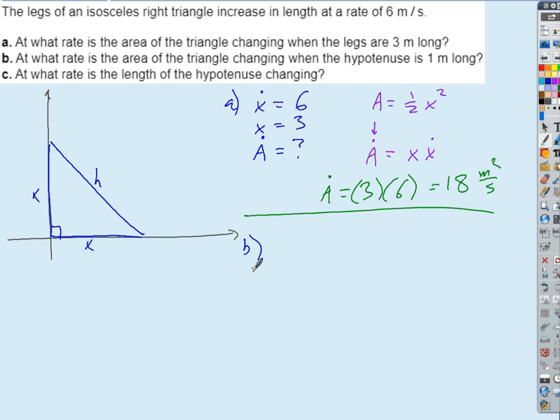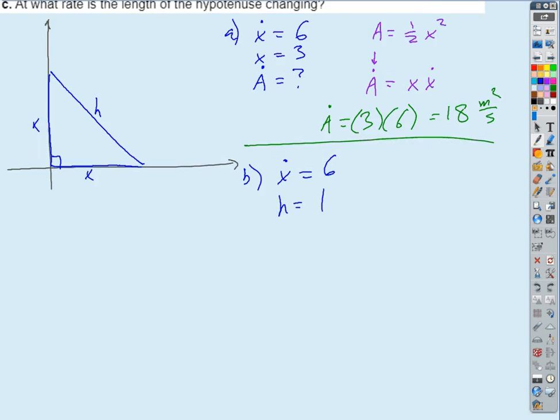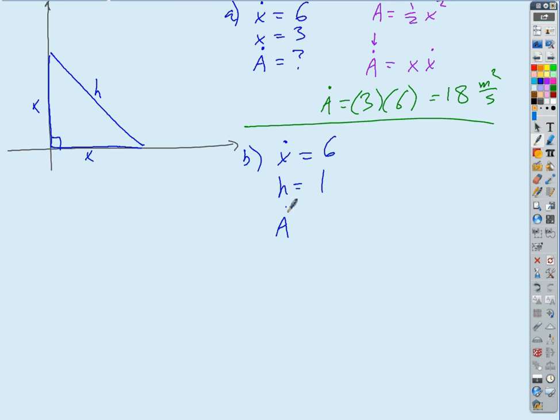So what are we given this time? So we're still given, we have x dot, right? X dot equals 6, but this time they give us something bizarre. They're telling us that h is equal to 1, right? Okay, and they want us to find, just like before, we're trying to find A dot.